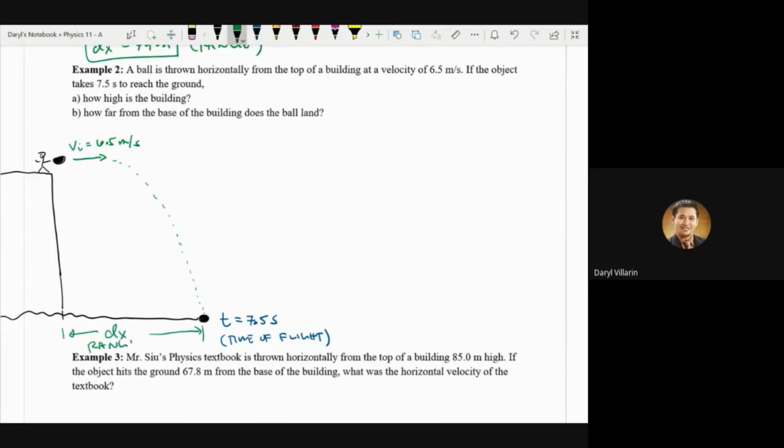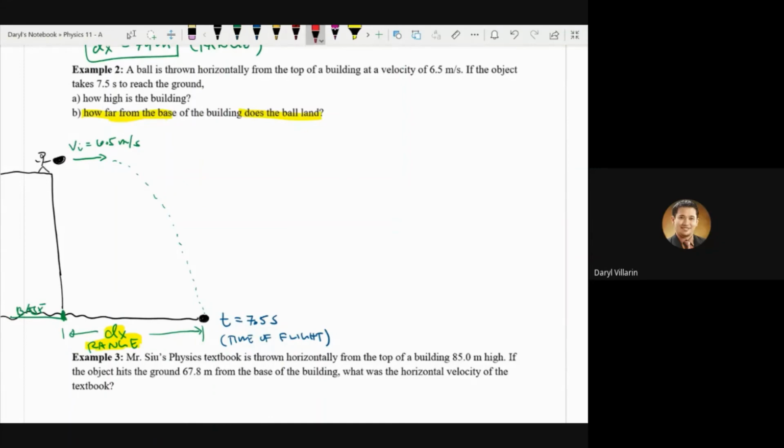Based on the question, the range is actually the second question, your dx. How far from the base? The base of the building is this one here. So how far from the base of the building would be given by the range. And then how high is the building?